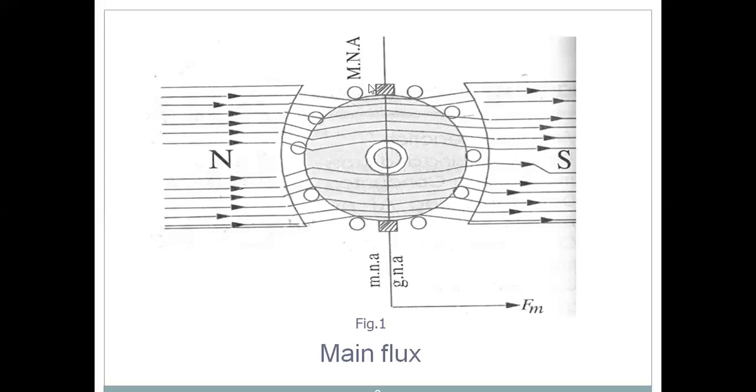Because the armature is not carrying any current and the armature is not developing any field around these conductors. In this figure, only main field flux is available, in the absence of armature flux. In the absence of armature flux, the flux lines are like this.